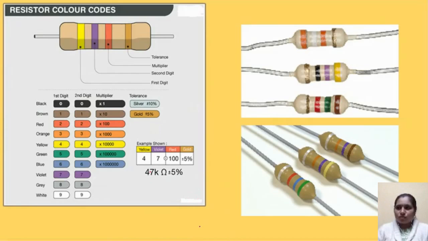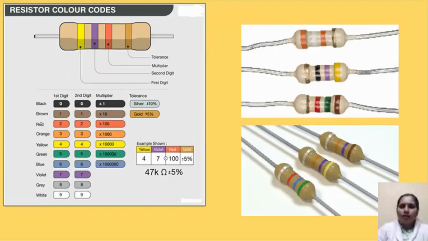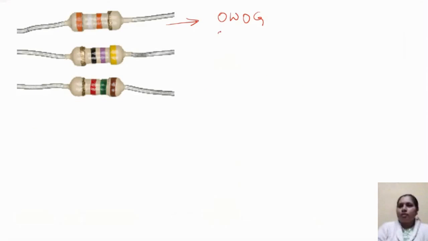I want you people to solve or find the value of resistor using this color codes and let me know, and let me solve for this. Okay, so for this resistor I'm going to solve. First is orange, white, orange, gold. So what is the value of orange? You can see that the value of orange is 3, right? So it is 3.